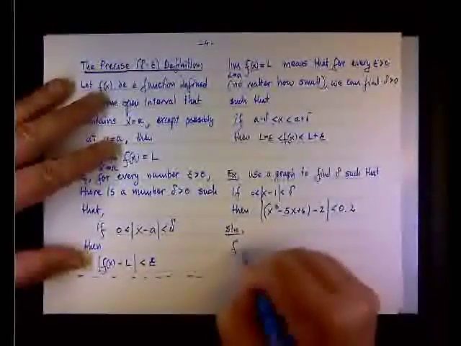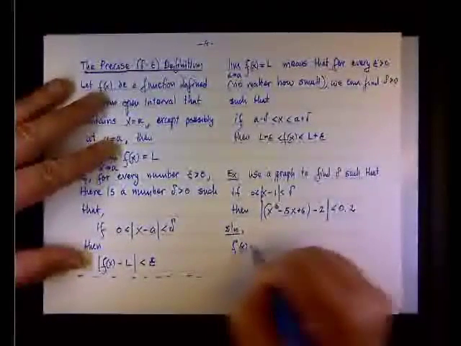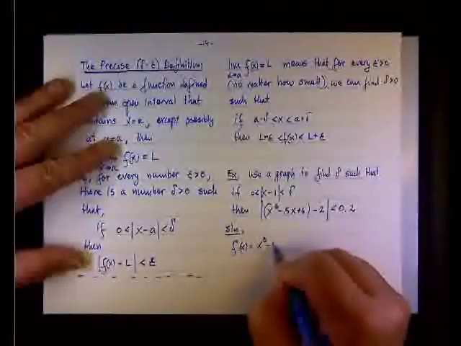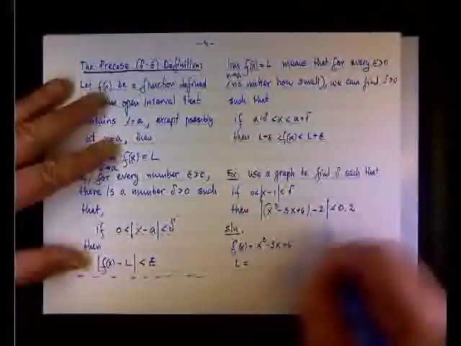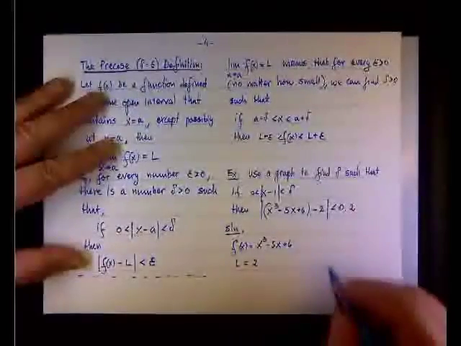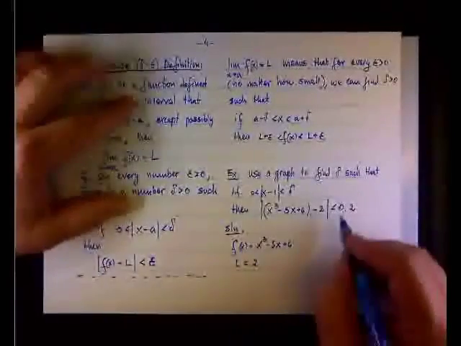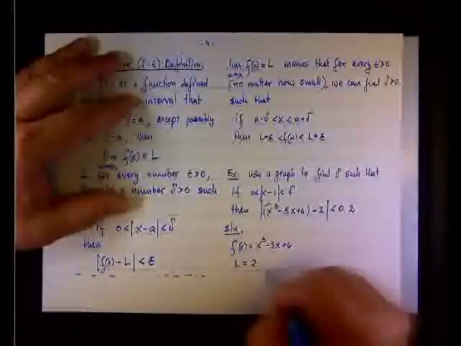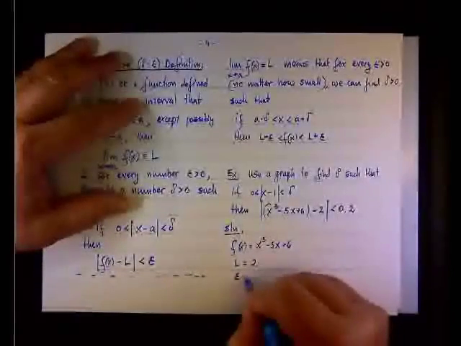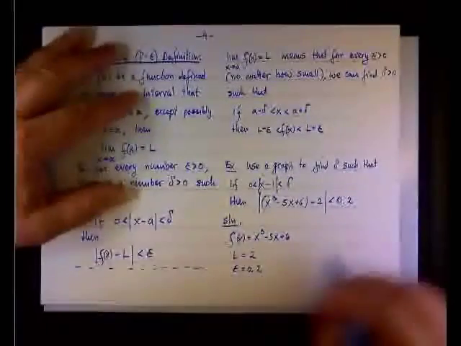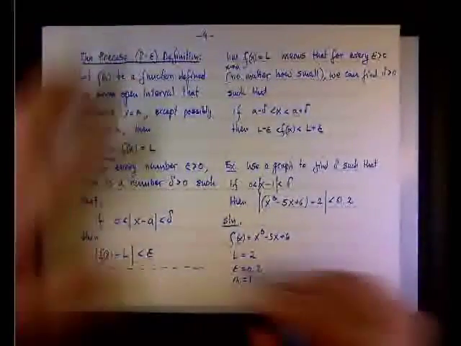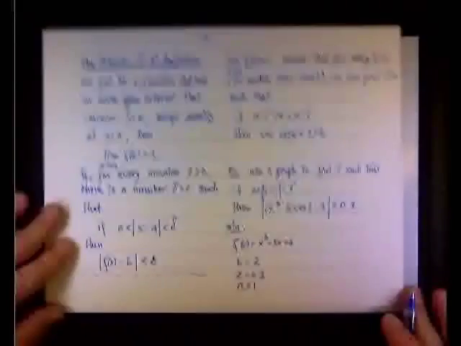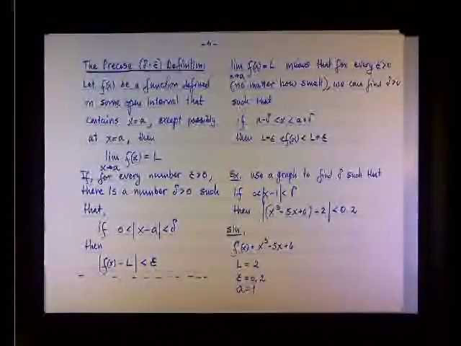We take that f of x equals x cubed minus 5x plus 6. We also understand that L, the limit, is 2, and epsilon is 0.2, and finally a is 1. So we find all the necessary players in this game of delta epsilon.